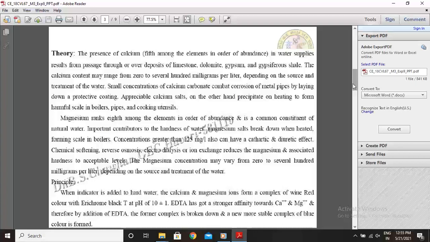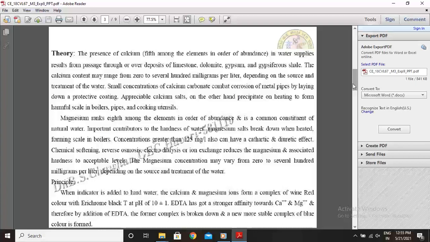Magnesium ranks 8th among the elements in order of abundance and is a common constituent of natural water. An important contributor to the hardness of water, magnesium salts break down when heated, forming scale in boilers. Concentrations greater than 125 milligrams per liter can also have cathartic and diuretic effects.